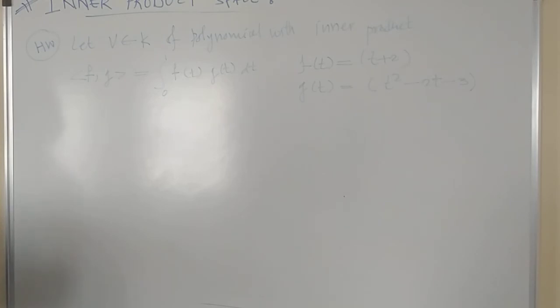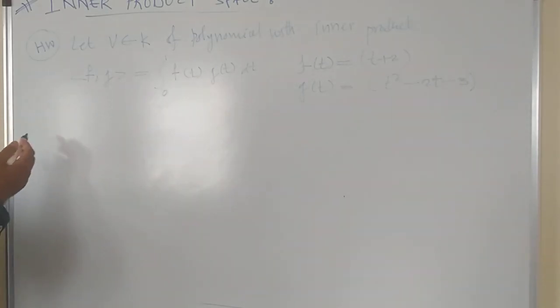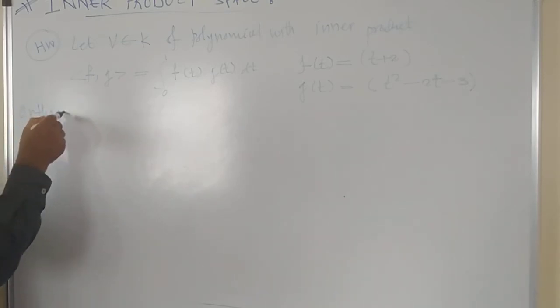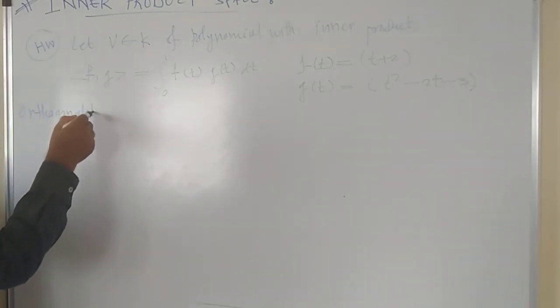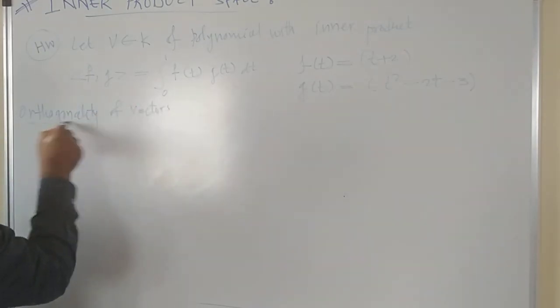So hope you have understood what is meant by inner product and how to calculate the norm of the vector and the normalization of the given vector, right? There is one more concept I will just finish out, that is orthogonality of vectors.